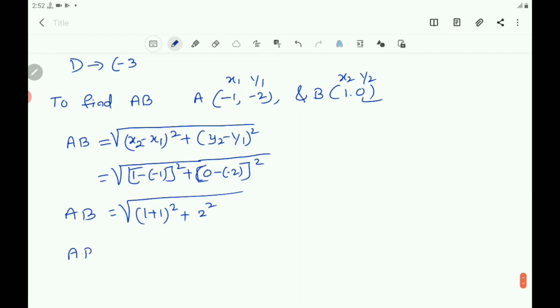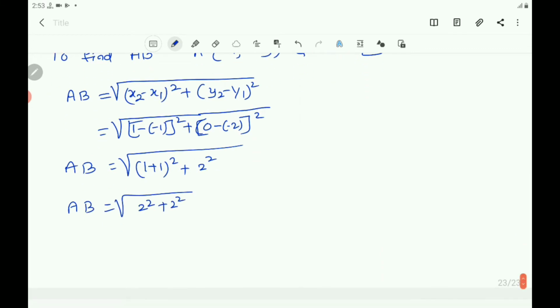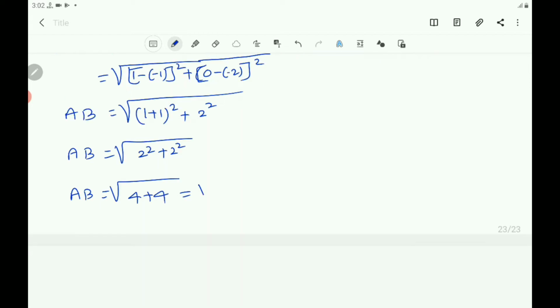Then AB equals square root of 2 square plus 2 square, which is square root of 4 plus 4 equals square root of 8. 8 can be expressed as 4 into 2, 4 is a square number into some other number. So you got square root of 4 into 2. Square root of 4 is 2, so 2 root 2.